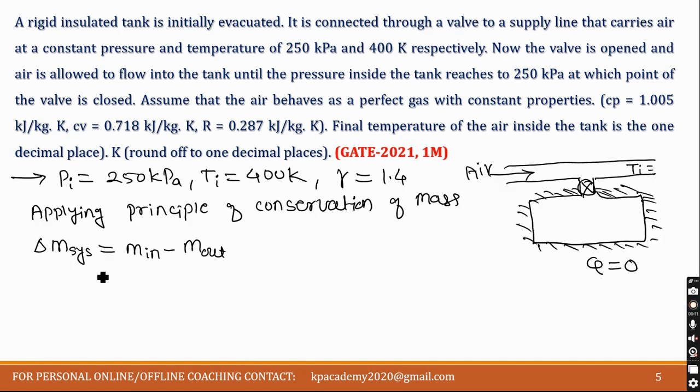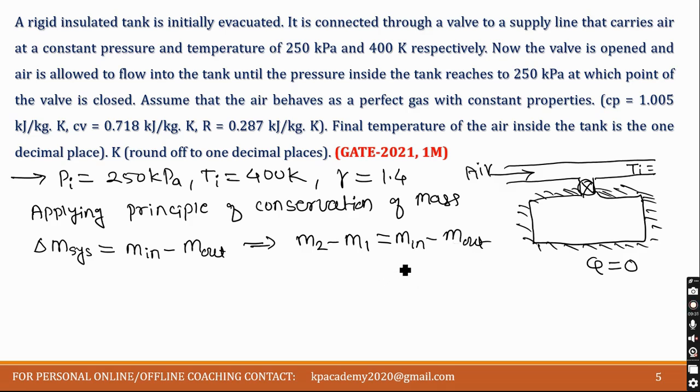Now the change in mass of the system we can write as m2 minus m1, where m2 is the final mass and m1 is the initial mass. Mass entry is m in, and there is m out.